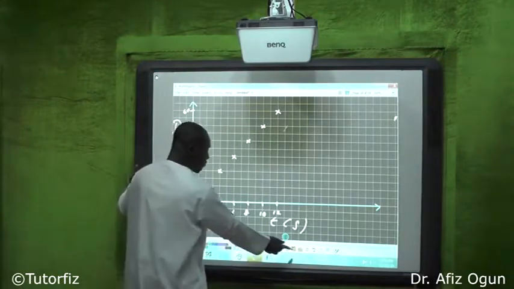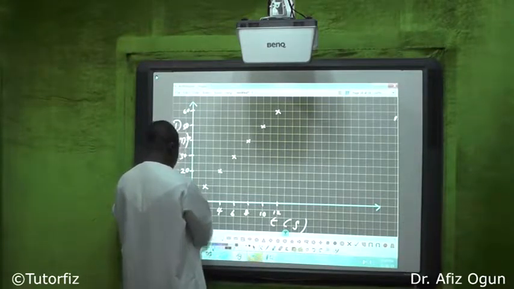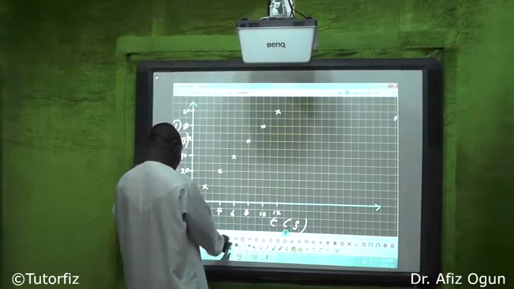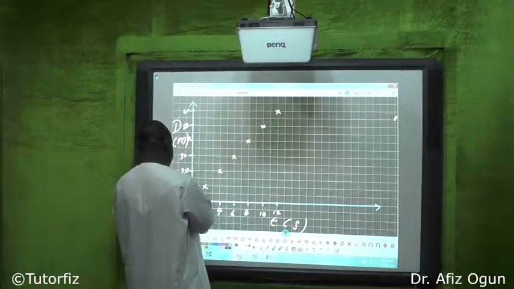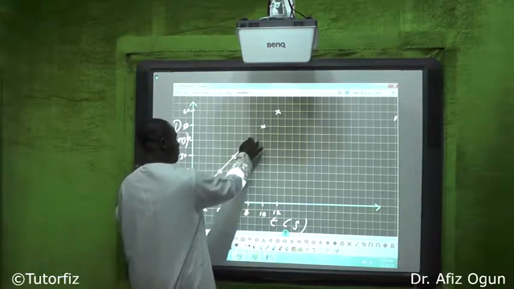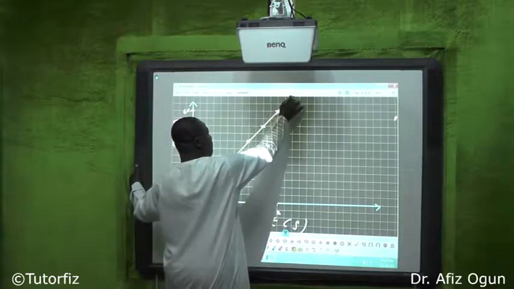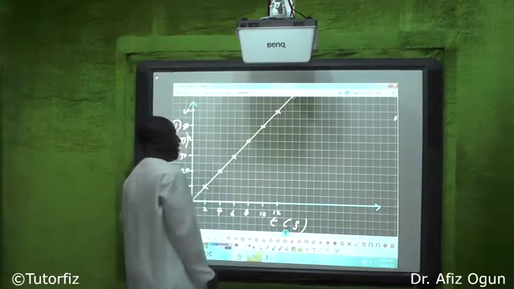If I want to draw my graph now, I'm going to draw something like that. You can see the line of best fit. You see that this is a line.